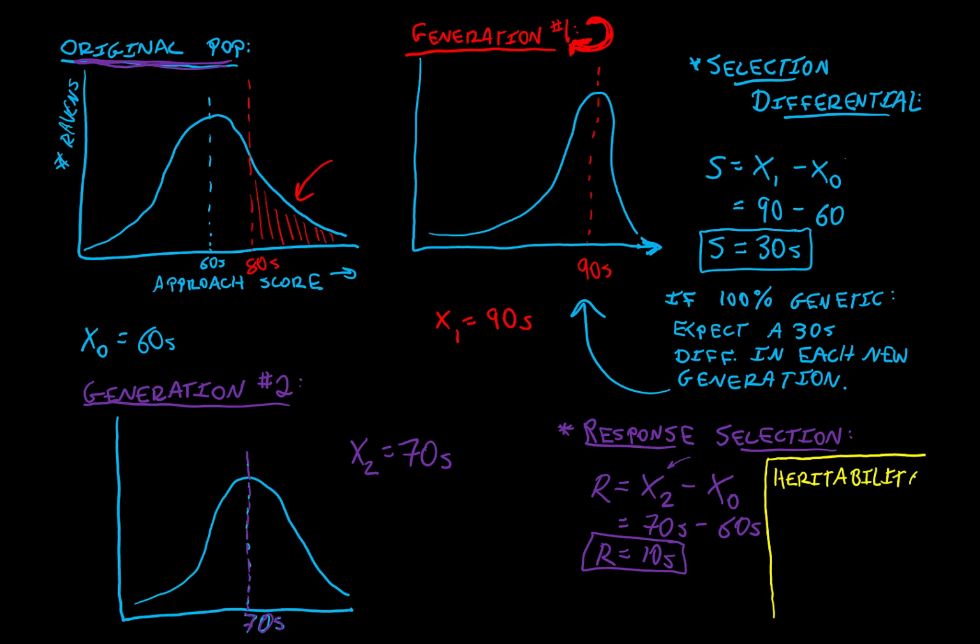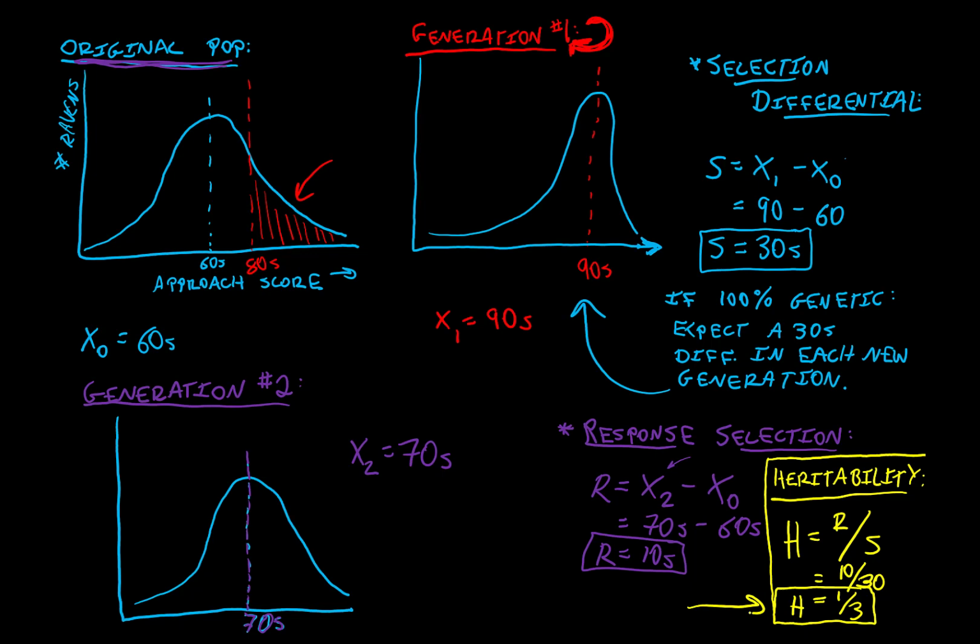This calculation is going to actually tell you how much of this behavior is truly heritable. Heritability is your response to selection variable over your selection differential. So in this case, that's 10 over 30, which is 1 over 3. 1/3 is how much of this behavior is actually controlled by genes.